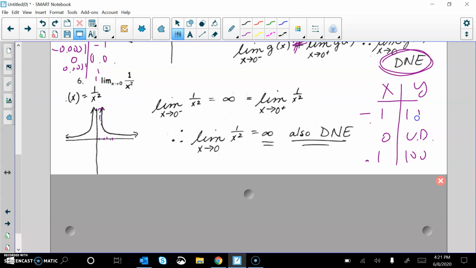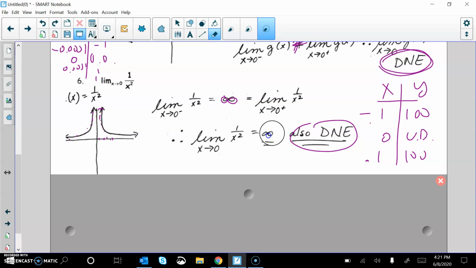Similarly on the other side, it grows without bound, going towards infinity. So the limit does not exist. You can use the infinity notation. Keep in mind, infinity is not a real number, but we can use that notation to discuss what's occurring here. It's telling you the function is growing without bound.